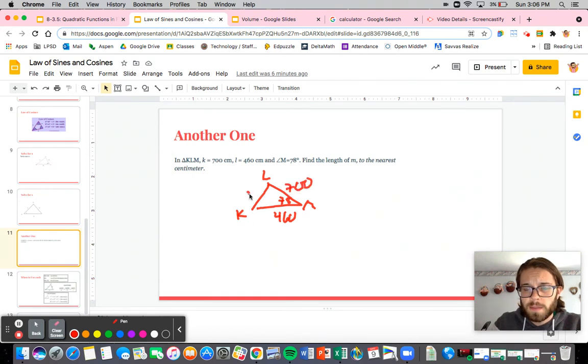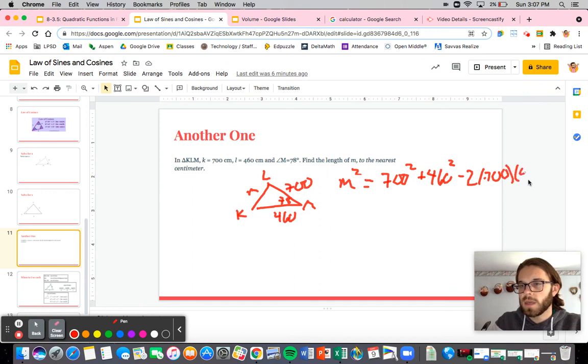And I need M. All right, so I want, again, whichever one is the big one squared, whatever letter you're squaring, that's the angle that's going to be in there. 700 squared plus 460 squared minus 2 times 700 times 460 times cosine of 78. Again, I'm going to end up doing the square root of that.